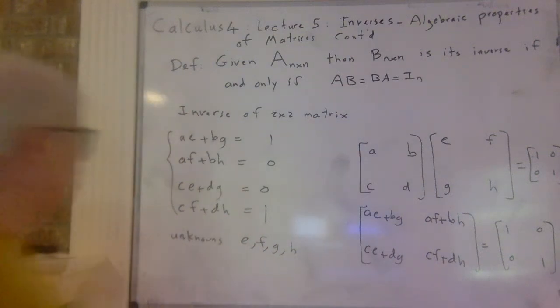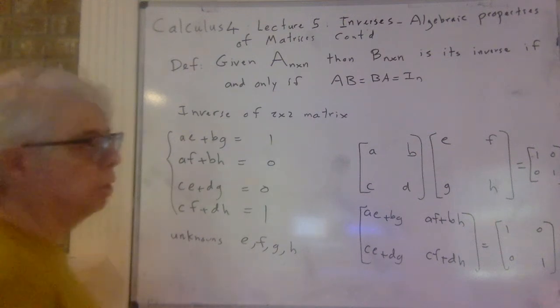So I have four equations and four unknowns, and if I solve that, I will get E, F, G, H. Now I'm not going to do that, but just imagine I have just a 2 by 2, and if I want to use that definition to find the inverse, I have to solve 4 equations in 4 unknowns. Now, just imagine if I had a matrix that is 100 by 100.